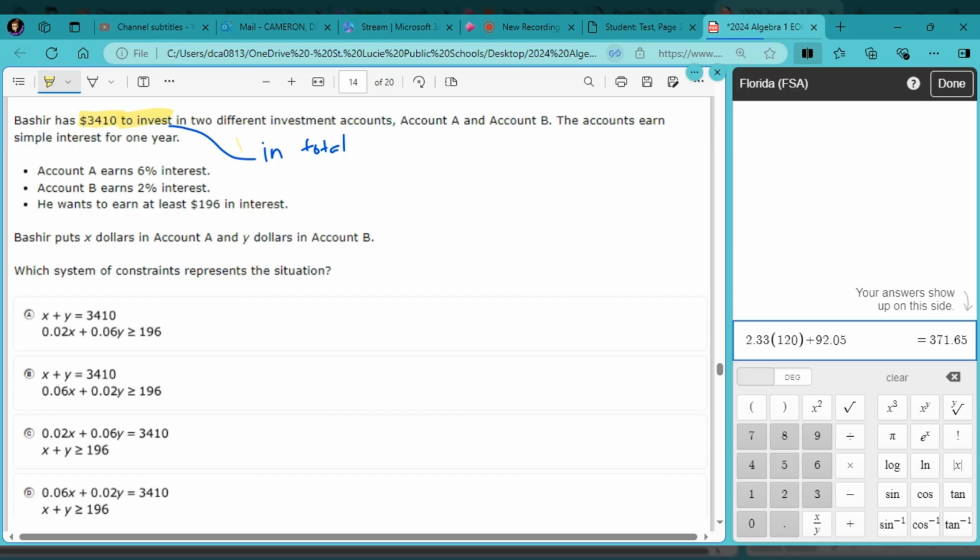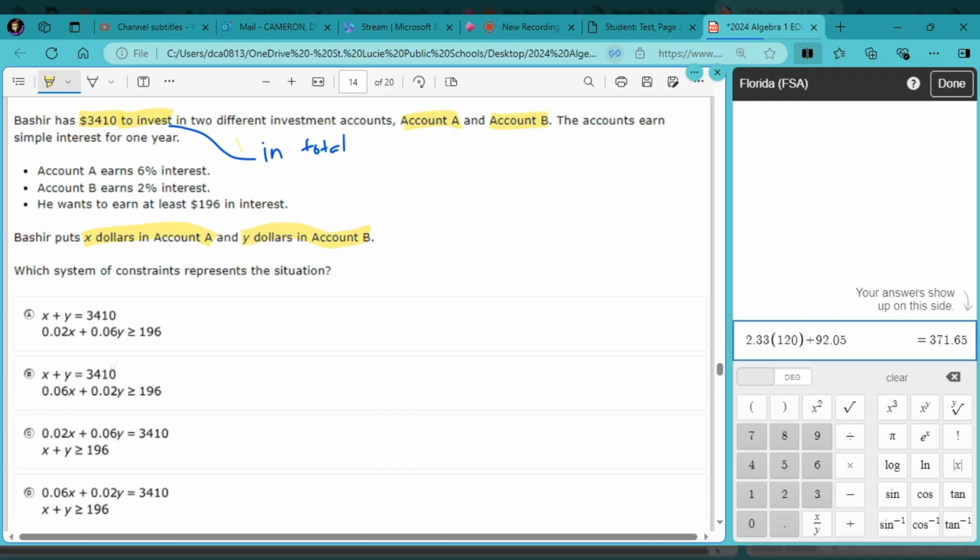Into two different investment accounts, account A and account B. X is going into account A and Y is going into account B. We don't know how much he's going to put into each account. Which of our answer options shows us that in total he's putting $3,410 into accounts A and B?